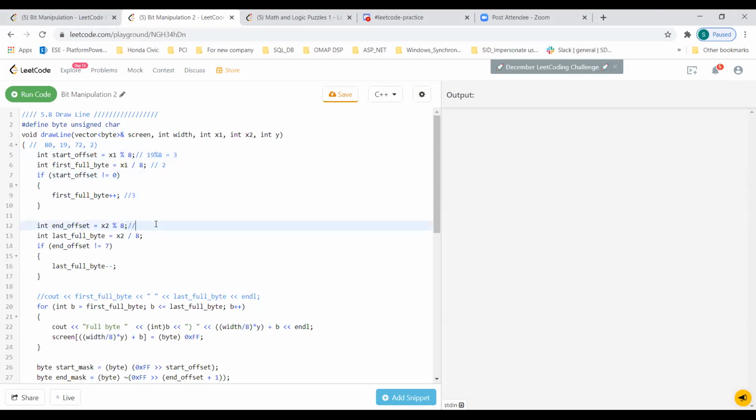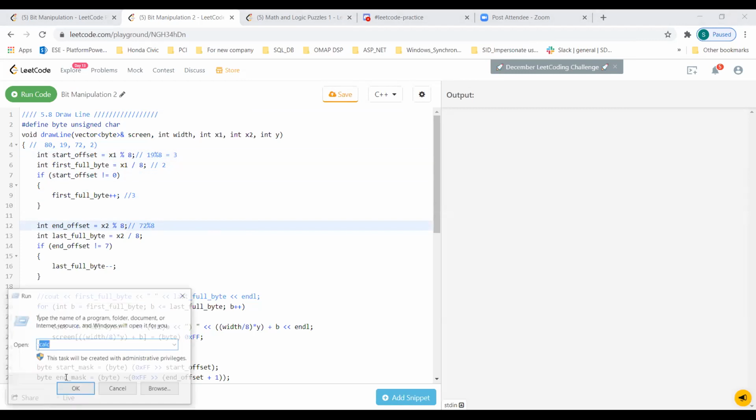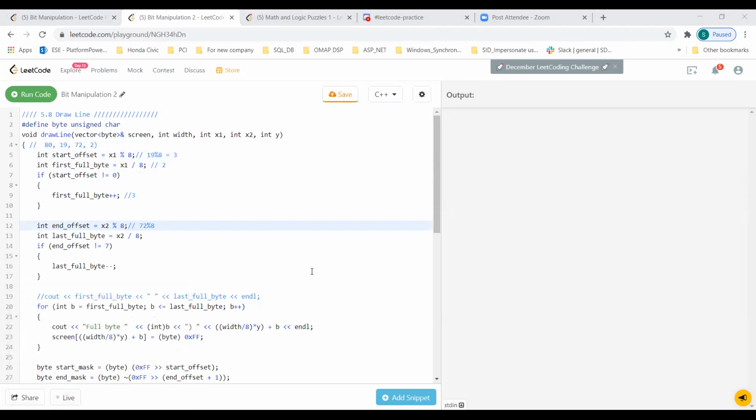Now in this case, we have 72 modulo of 8. So what is that going to be? 0. 72 is always divisible by 8, right?